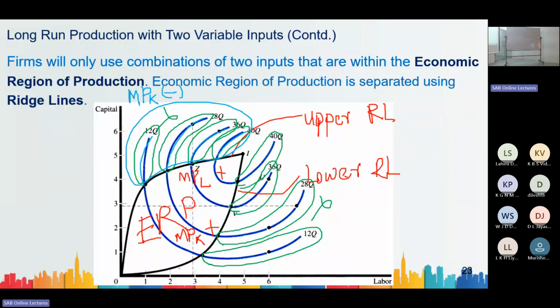On the other hand, over this region, marginal product of labor is negative. So rational producers will not operate over this region and over this region. Rational producers will only operate within the economic region of production.